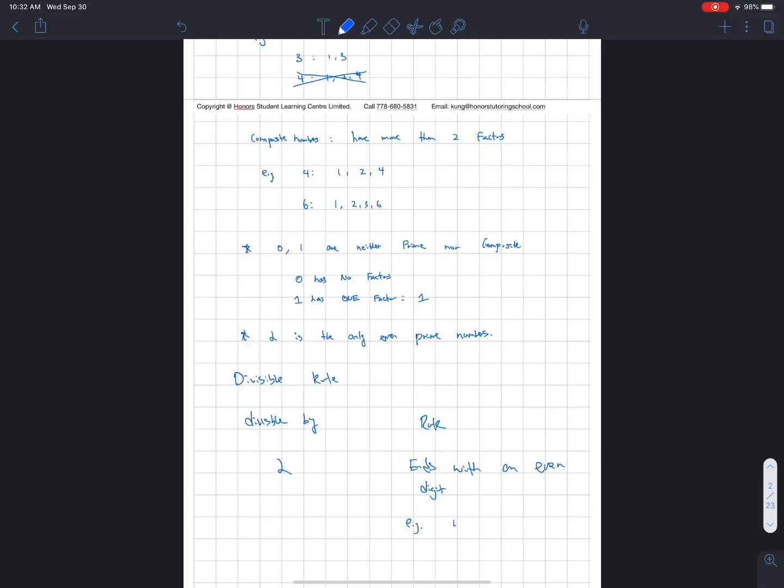For example, 10 is divisible by 2 because the last digit 0 is even. And like 240, maybe 2414, because it ends with an even digit, it will be divisible by 2.